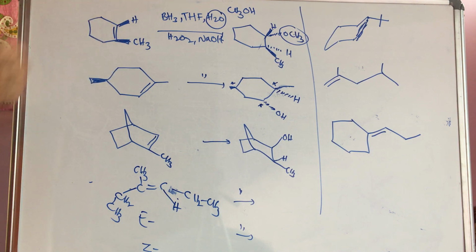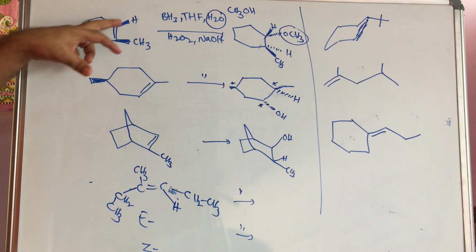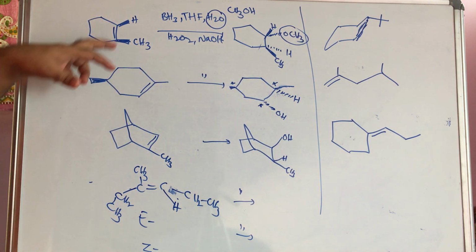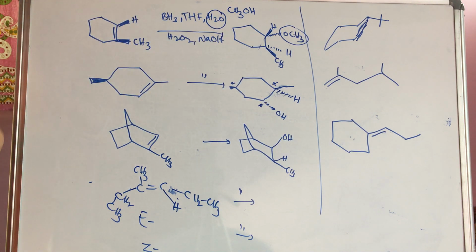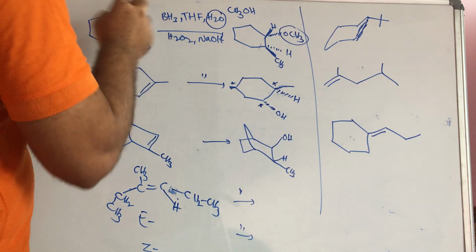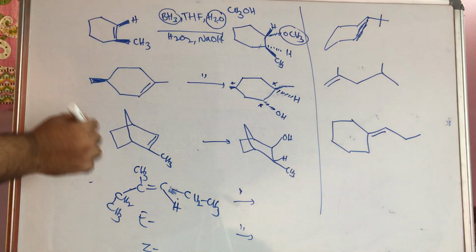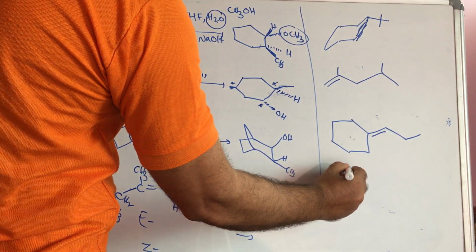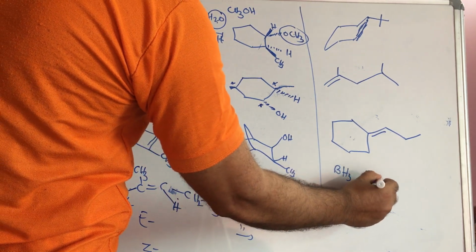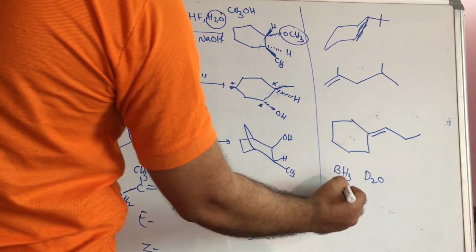And next, if stereochemistry is given like this, if front is given you have to write the back product. If back is given you have to write the front product. Okay. So this is clear information. And sometimes they may give, instead of this H2, BH3 with D2.